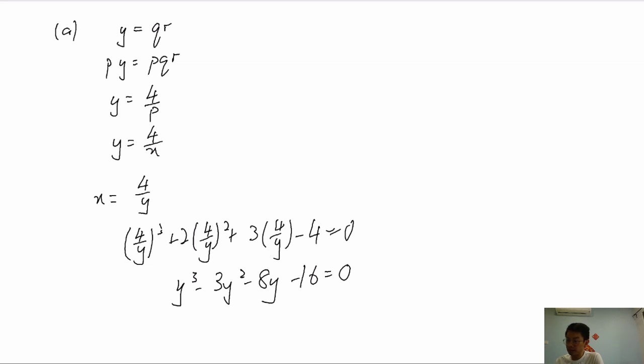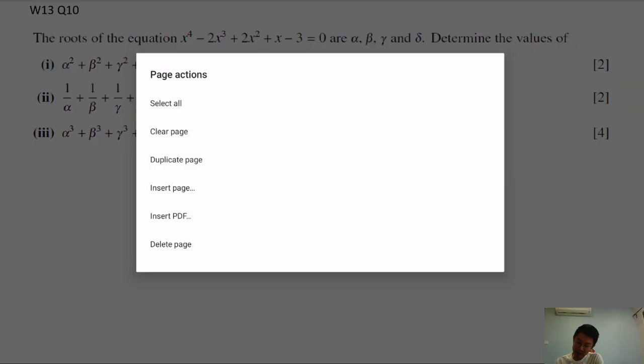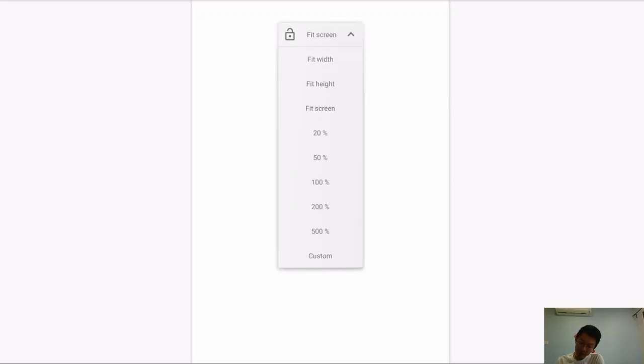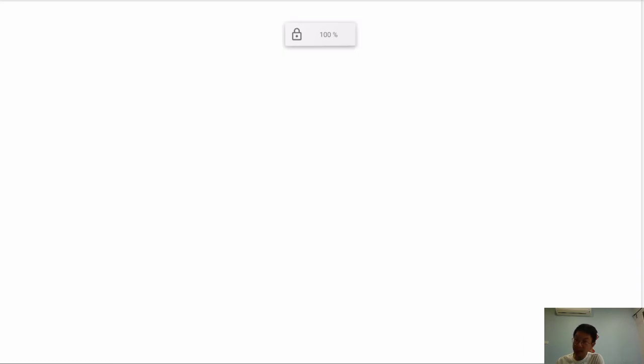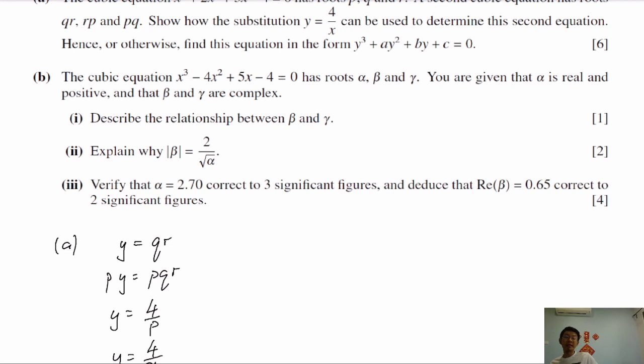Okay, so let's look at question B. Question B is about a cubic equation again. Now the roots are alpha, beta, and gamma.